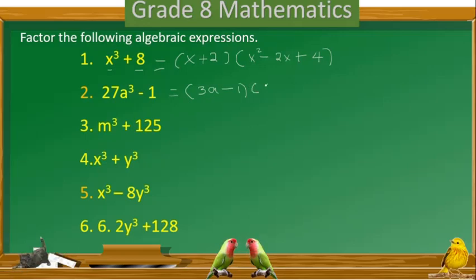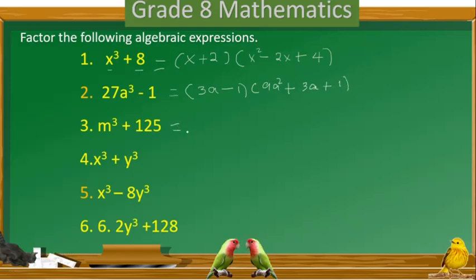So it will become 9a squared. Opposite sign, positive. Then the product of the first and last term, so 3a times 1, that is 3a. Then plus the square of the last term, which is 1. So 1 times 1, that is 1.